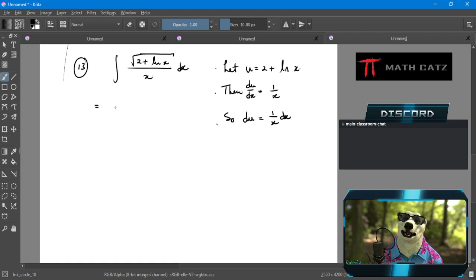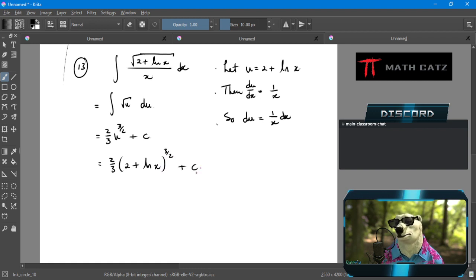So now I see, okay, well, I'm going to get the square root of u. The x and this 1 over x perfectly becomes du, and it was actually quite simple. This is u to the 1/2, so it's u to the 3 over 2 times 2/3, something we've seen often now, and I replace it back to whatever u was, and I'm done.